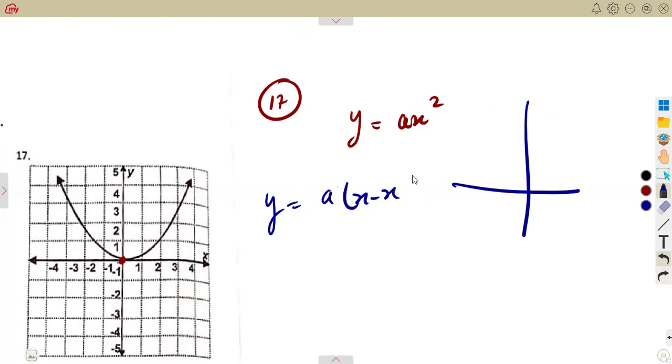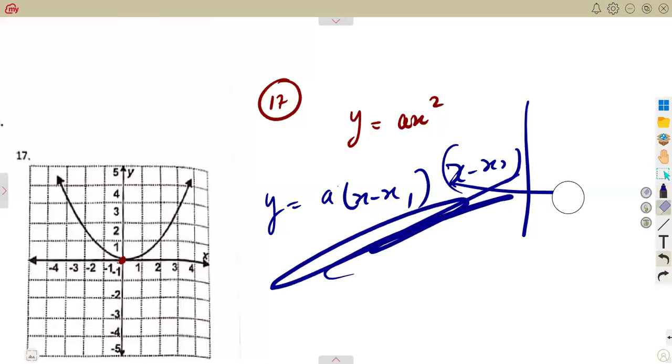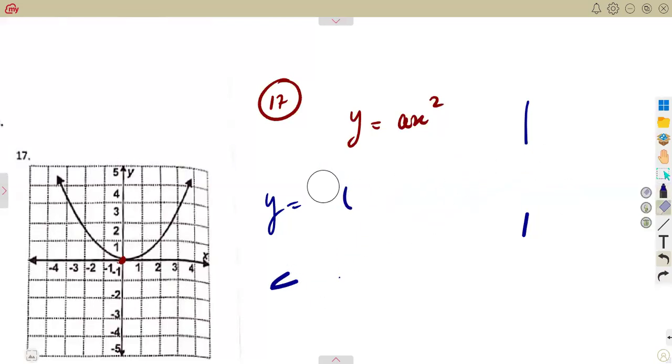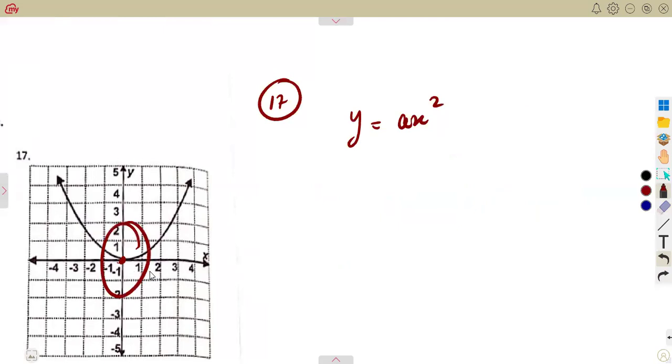So you can't use y is equal to a into x minus x1 into x minus x2. This is not going to work because we do not have x1 and x2, just a single point considered. So the question is, how am I going to determine a, since I do know the format? In this case, you substitute any clear corresponding point. What you just need is to find a.